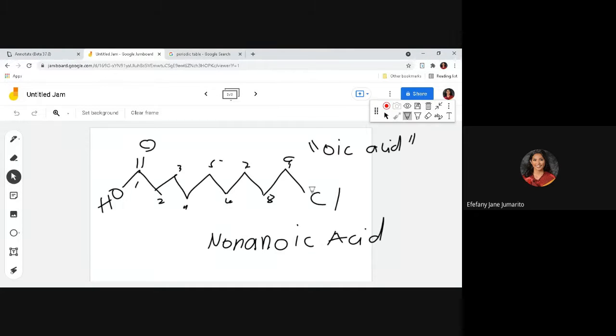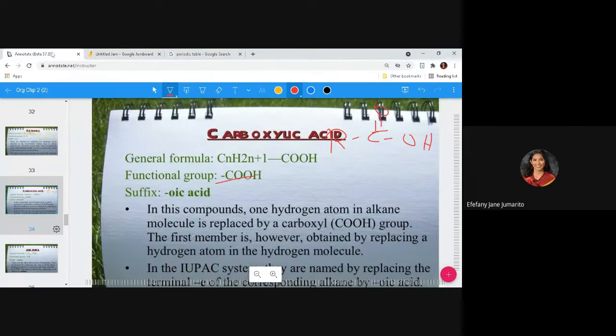We have our chlorine, our halides act as substituents. We put them in the prefix. So we have 9-chloro nonanoic acid. So if we have carboxylic acid, we just put oic at the end as our suffix. Okay, so that is for carboxylic acids.